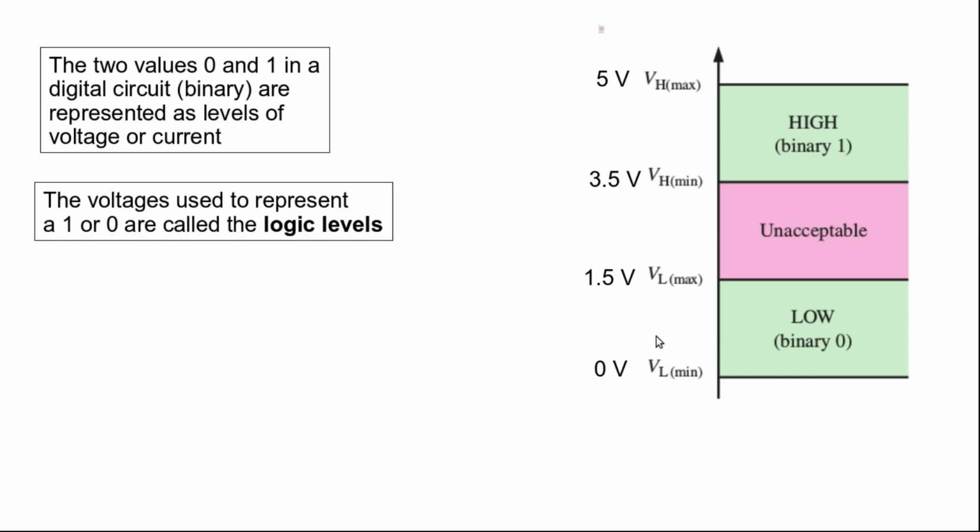So this way of representing 0 and 1 is called the digital abstraction. Although the underlying voltages can have an infinite number of values, by creating a range of values for 0 and 1, we abstract the infinite number of values that is possible in this range as 1, and the infinite number of values that is possible in this range as 0. So this way of representing is called the digital abstraction.